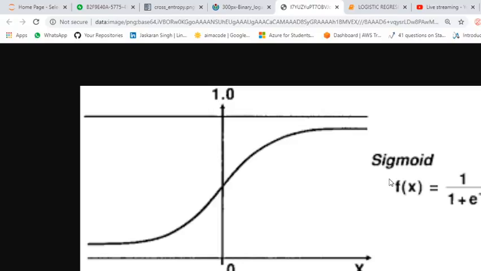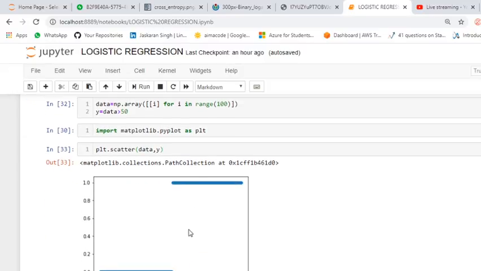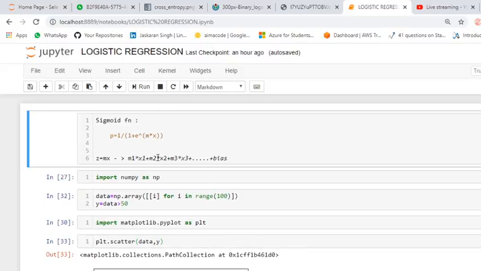So our main motive is to learn these parameters m1, m2, m3 and the bias in such a way that for the class which is greater than 50, the true class, the sigmoid function tends to 1. That is, 1 upon 1 plus e, where we are not passing x here, we are passing mx, that is, multiplying by the weights and adding the bias, which we call z. z is m1 into x1 plus m2 into x2 and so on, plus the bias.